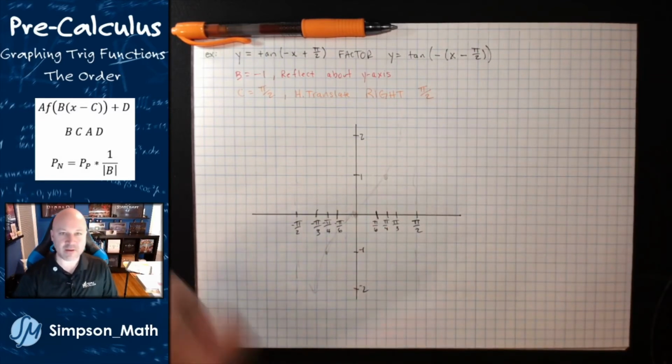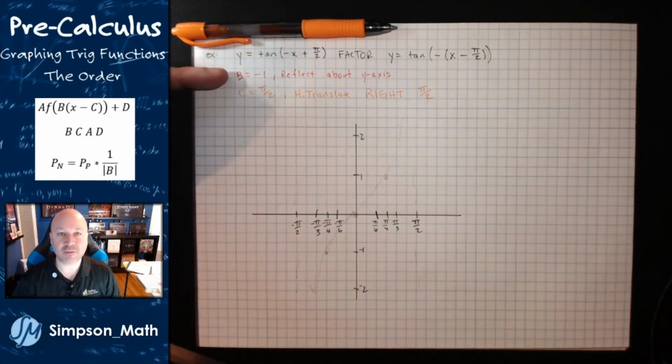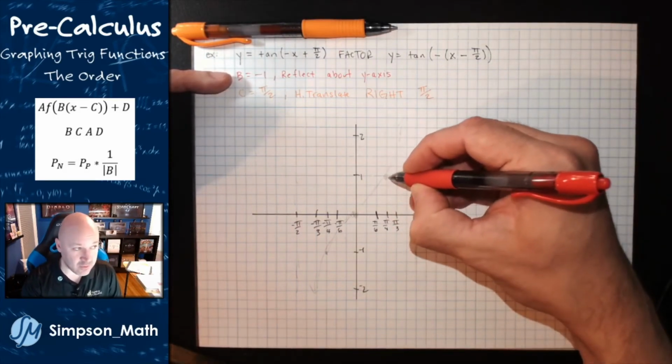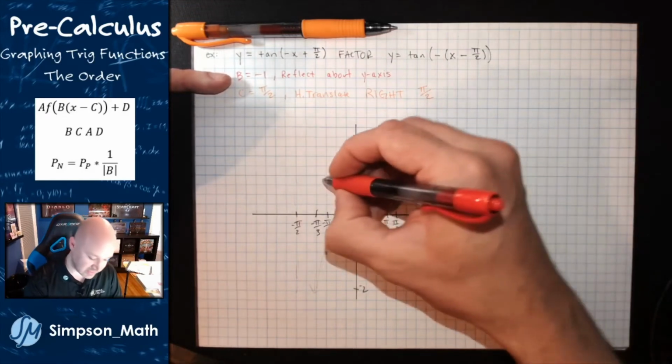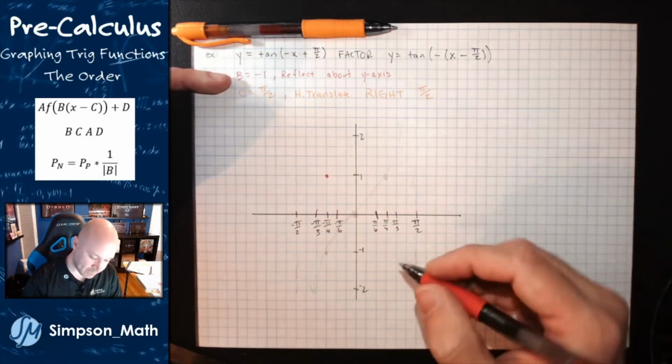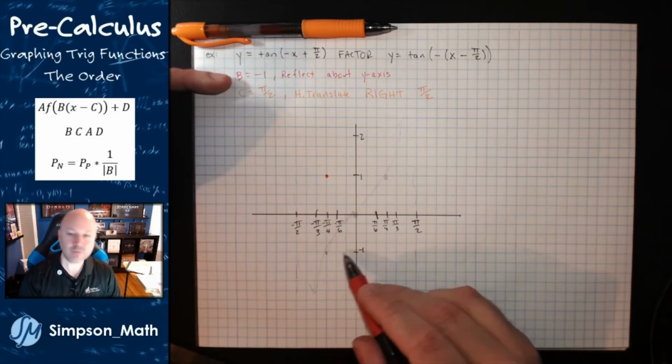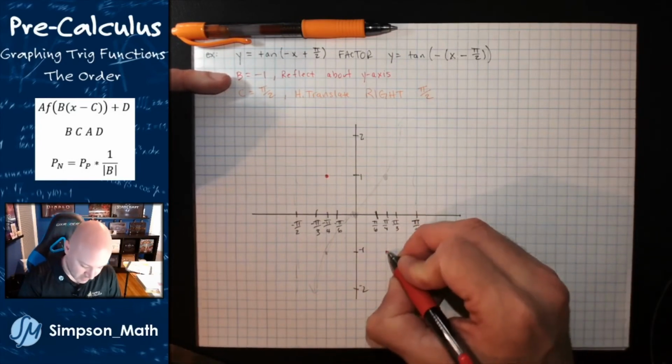So to take care of my first transformation, b, I'm going to reflect it off the y-axis. Nice and simple. The point that is at pi fourths, comma 1 will be reflected to negative pi fourths, comma 1. The point at negative pi fourths, comma negative 1 will be at pi fourths, comma negative 1.